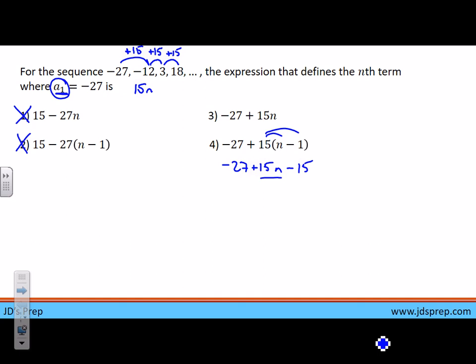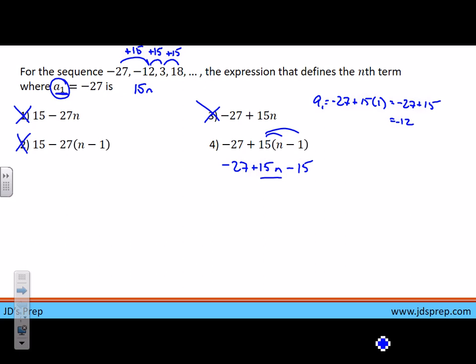For number 3, if I plug in 1 in place of n, I would have a1 being -27 plus 15 times 1, which would be -27 plus 15, which is -12. But I want a1 to be -27, and here, number 3 is giving me a1 equals -12. So that one can't be it either.